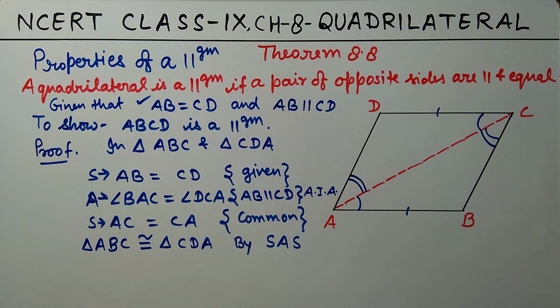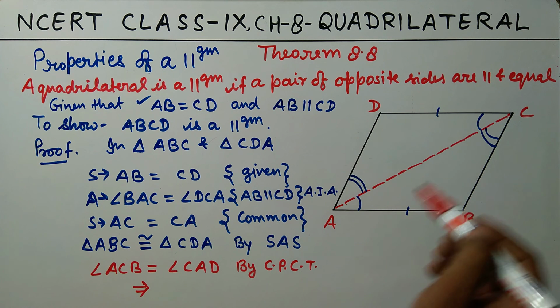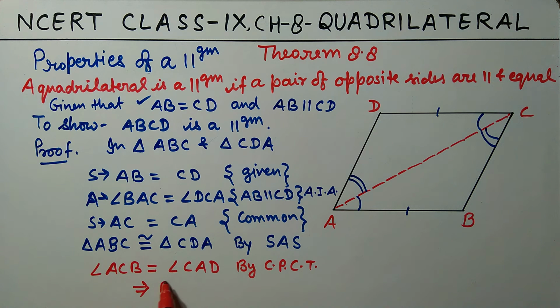So by CPCT, angle ACB is equal to angle CAD by CPCT. Okay, and this implies that BC is parallel to DA.